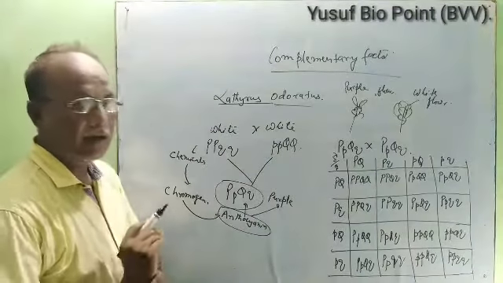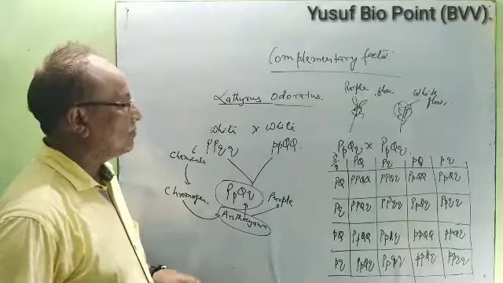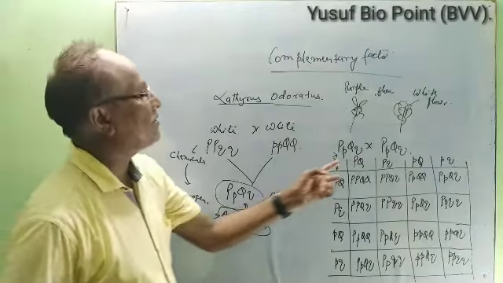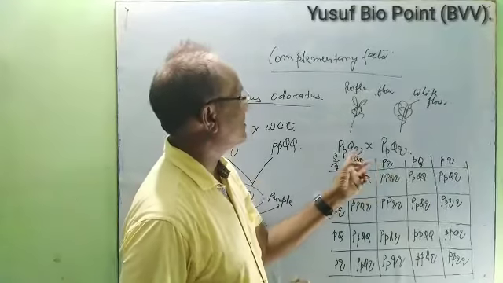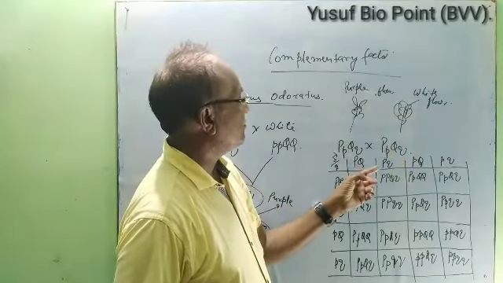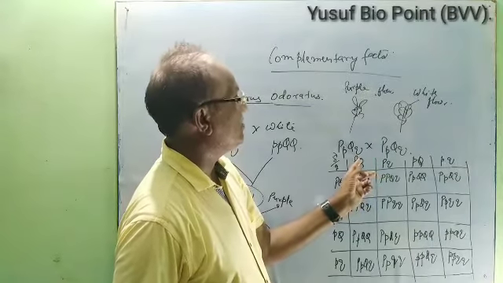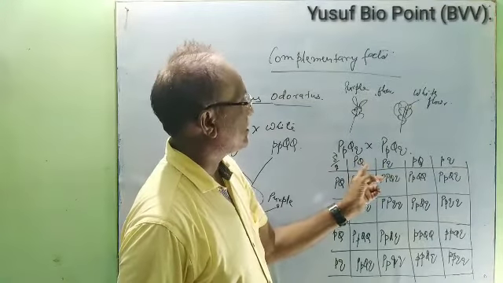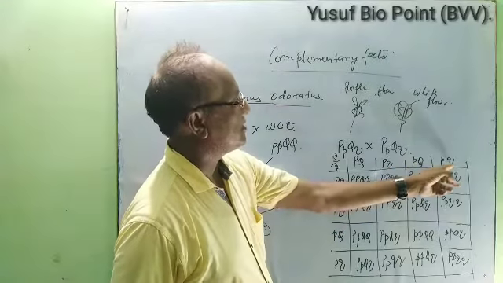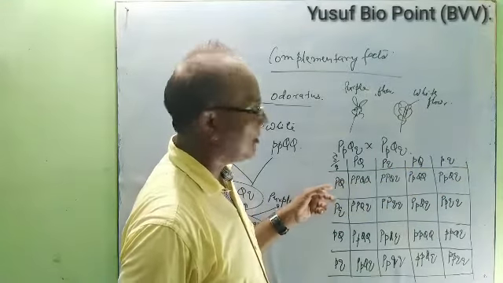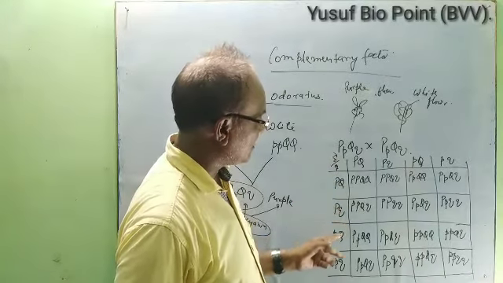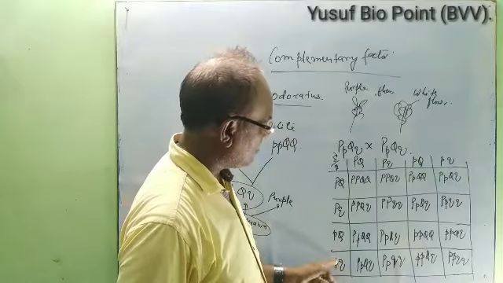Now if we combine the members of the F1 generation, their gametes will be PQ, Pq, pQ, pq. Similarly, the female gametes will be capital P capital Q, capital P small q, small p capital Q, small p small q.